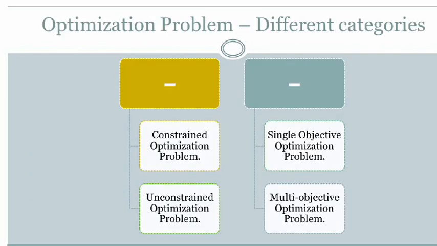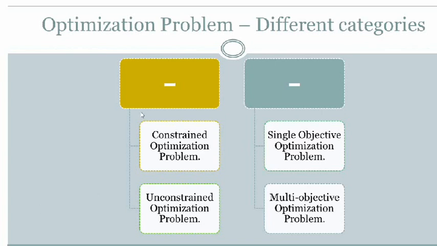Now we will discuss some categories of optimization problem. We may categorize the optimization problem into several kinds, and it may be a situation that we cannot fit in a single window. There are several aspects, several dimensions for categorizing the optimization problem.